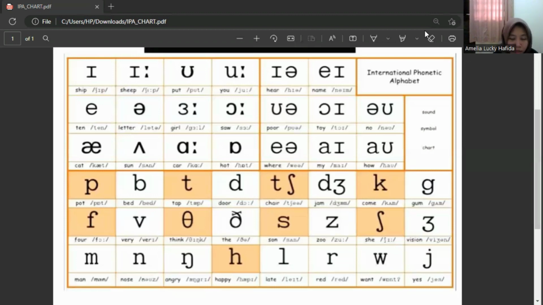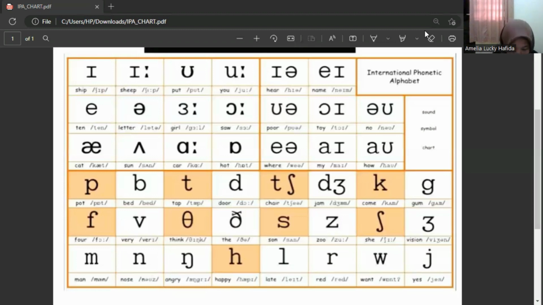Next is the short vowel e. Ten, ten, ten. Next is short vowel schwa, as in letter, letter, letter.